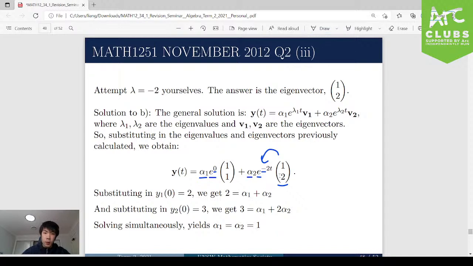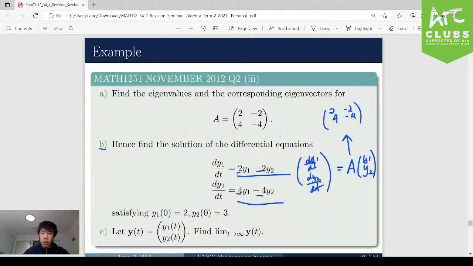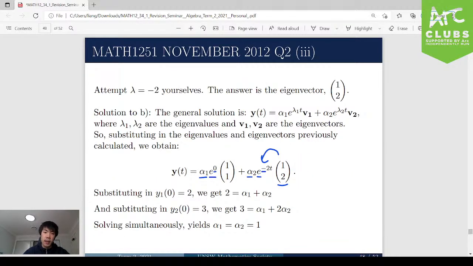For some questions, you may just leave it here, depending on what information you're given. But in this case, they also gave you some initial conditions: y1 of 0 is 2, y2 of 0 is 3, which means we can go back and find out what alpha 1 and alpha 2 are. Using y1 of 0 equals 2, we get 2 equals alpha 1 plus alpha 2.